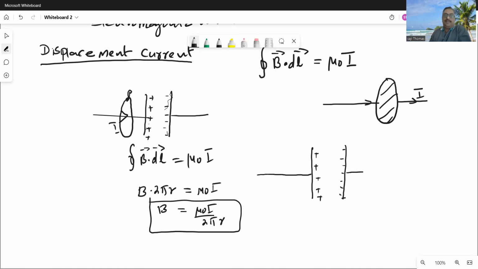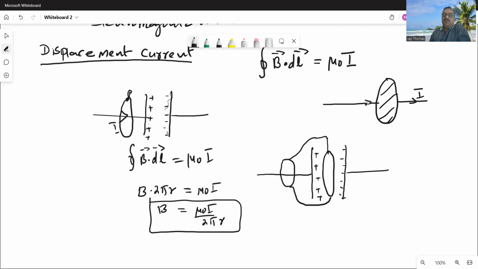And I am considering a pot-shaped surface. See, it looks like a pot. But remember, this surface is not touching the capacitor plates.